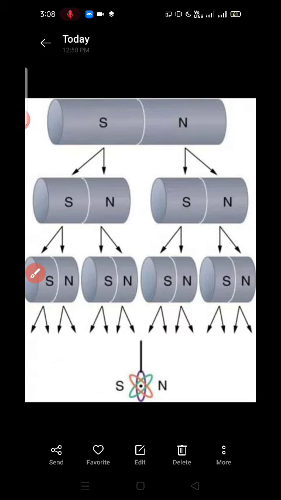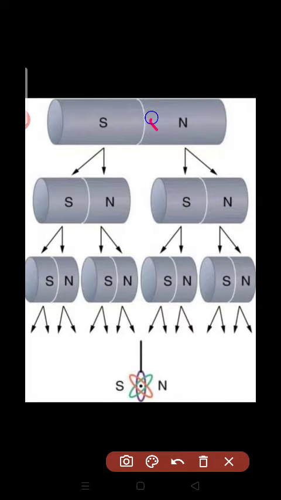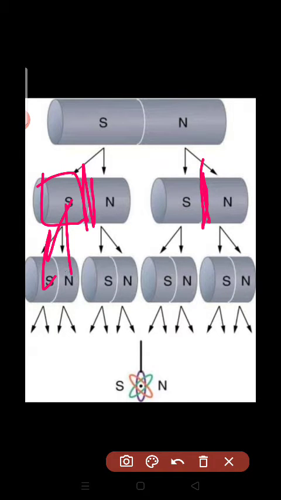That means in this portion we get a complete magnet having both north pole and south pole. In the same way, this part, if broken, will not be only a north pole, but it has a north pole and south pole both. Now again, if you break this magnet into two parts and this also into two parts, this small part acts as a complete magnet and it also has a south pole and north pole.